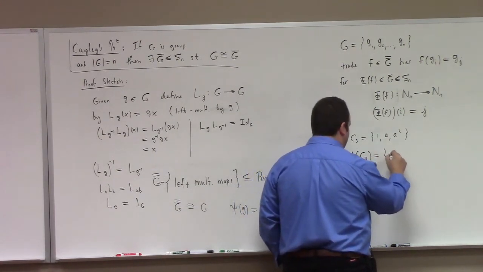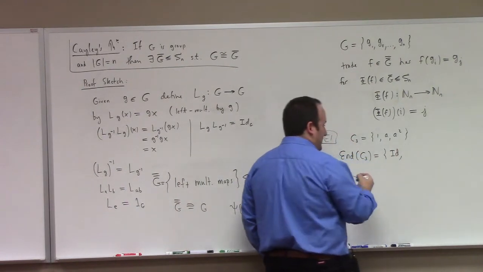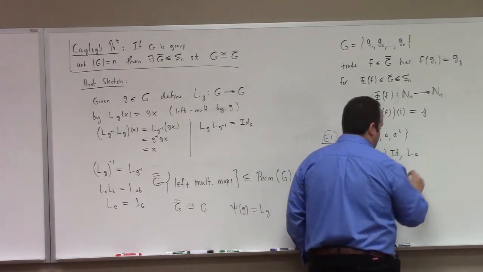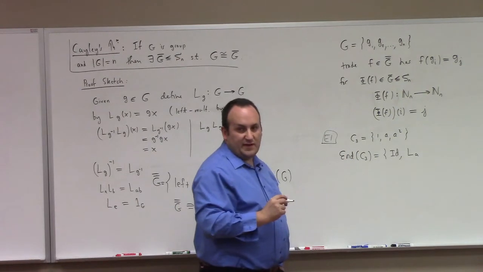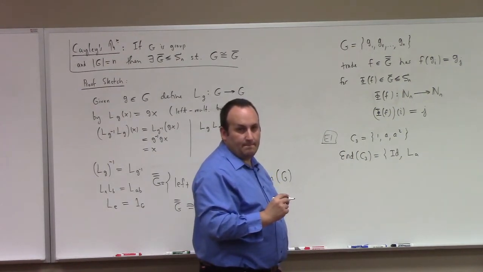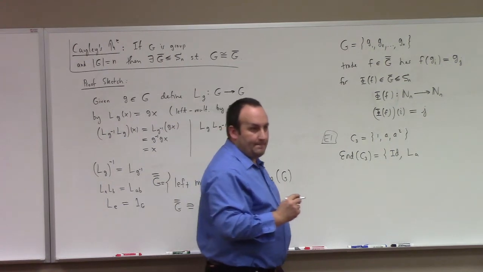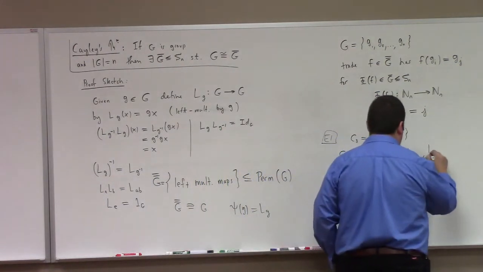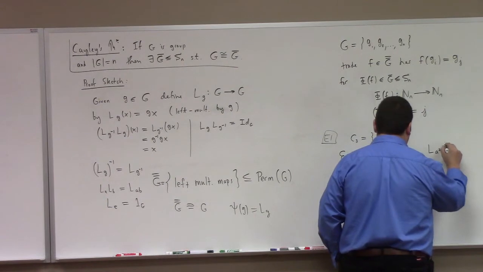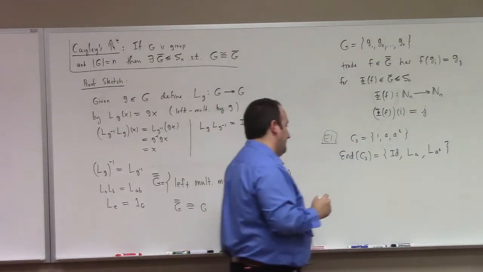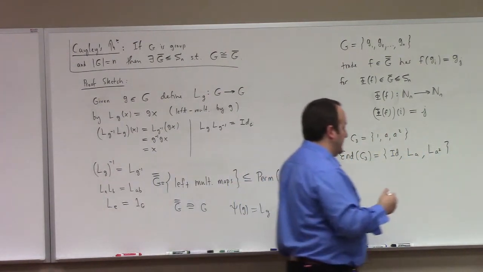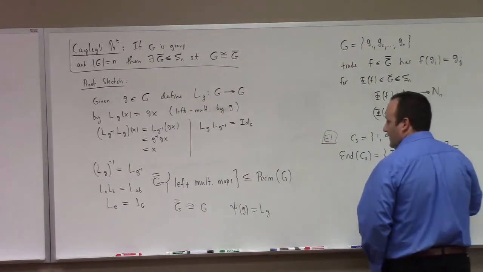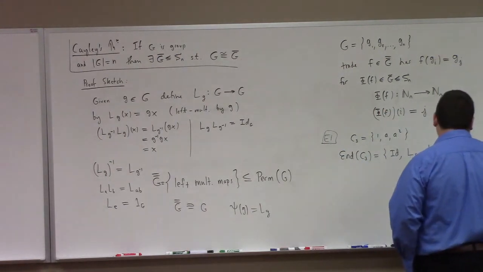It's got the identity map, it's got left multiplication by A, and left multiplication by A squared, right? This would be what I was calling in the generic proof G bar bar.